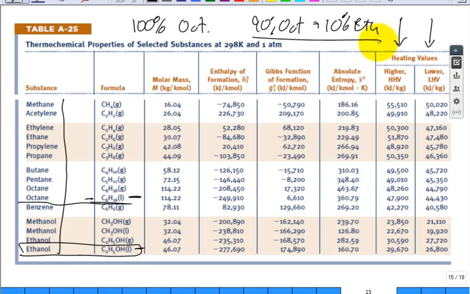What do I want more of? The more burned, the more. So let's take a look at the ethanol's heating value. Let's take a look at the lower heating value of ethanol and the lower heating value of octane.